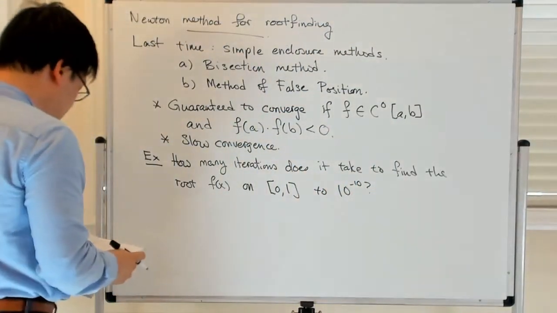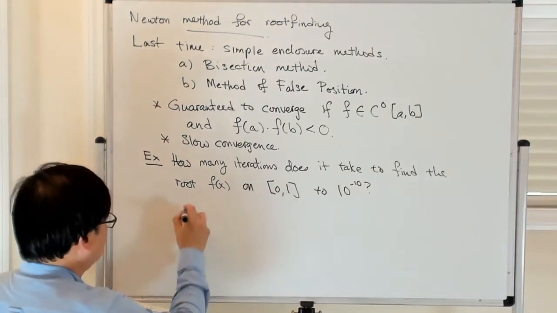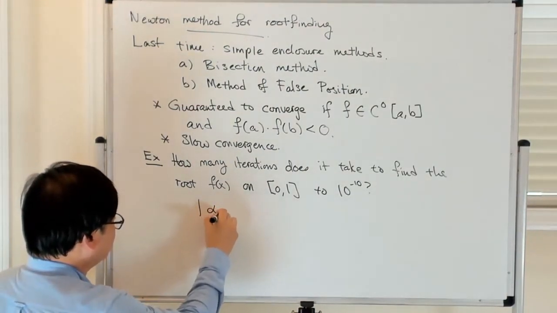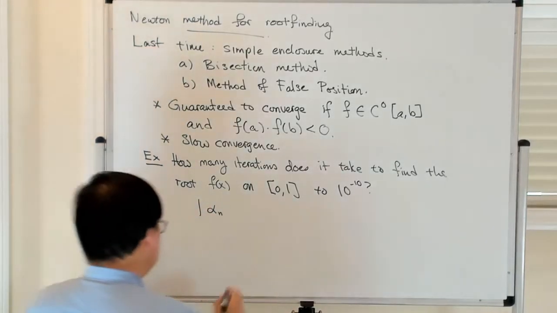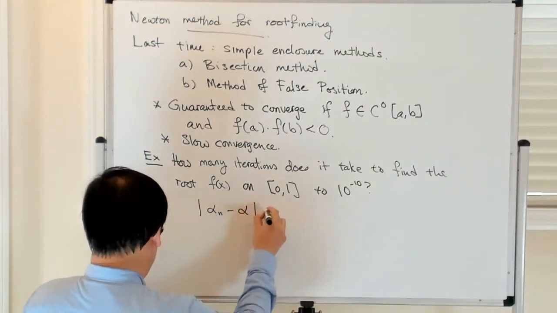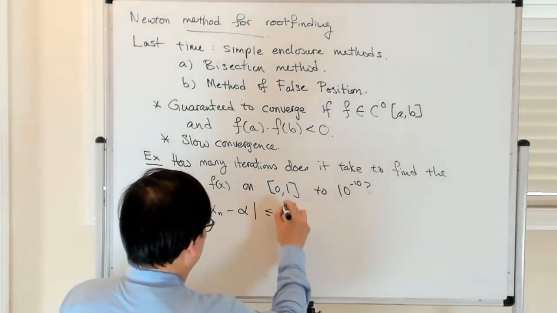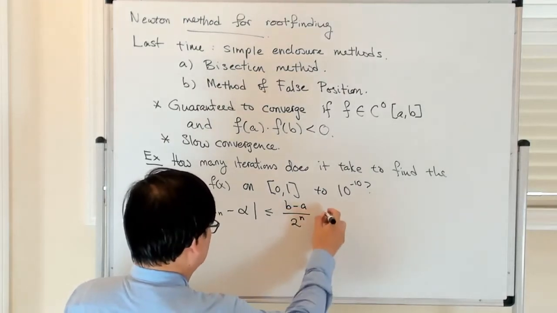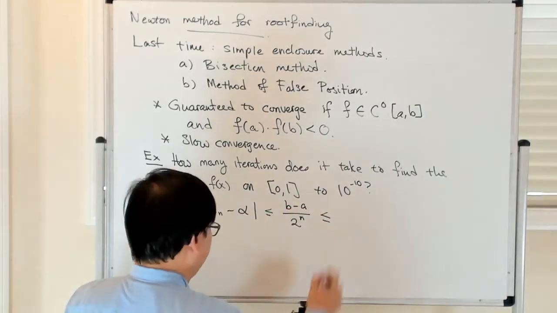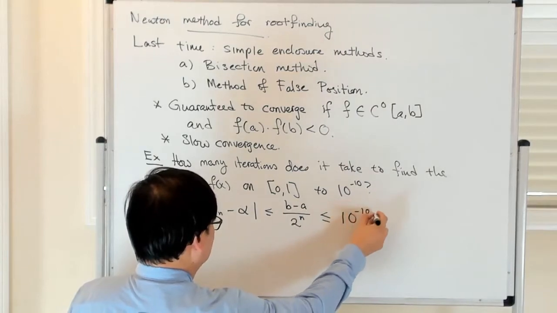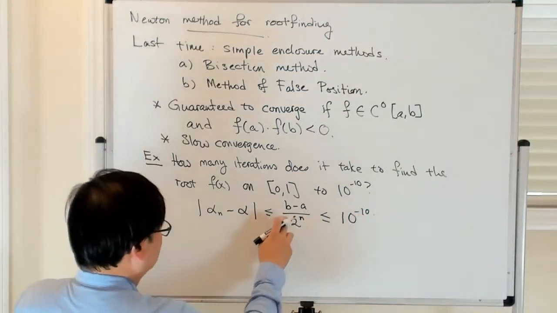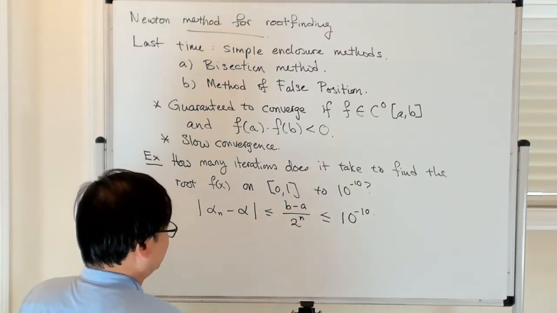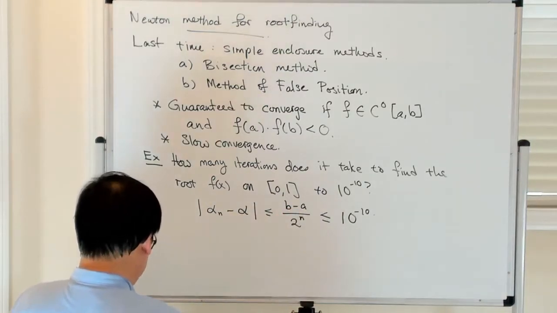If you recall, we had an estimate for the bisection method, which says that the nth iterate alpha n minus the root alpha is bounded from above by b minus a over 2 to the n. And we want this error to be bounded from above by 10 to the minus 10. We know b is 1 and a is 0, so 1 over 2 to the n is less than or equal to 10 to the minus 10.